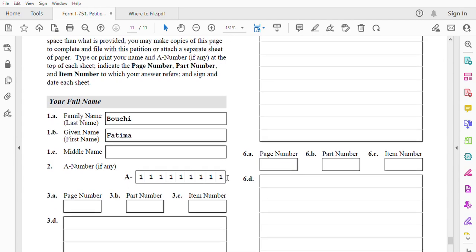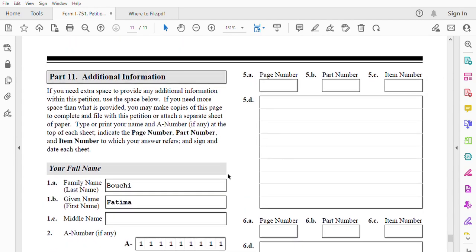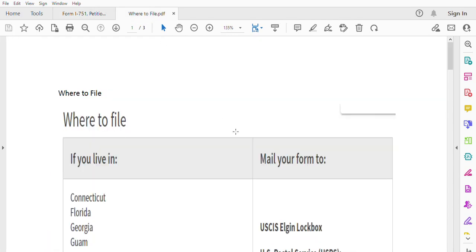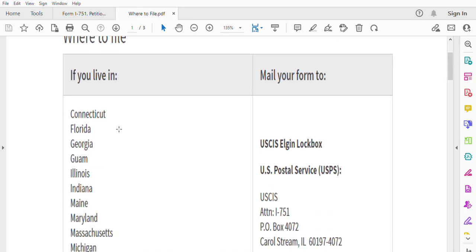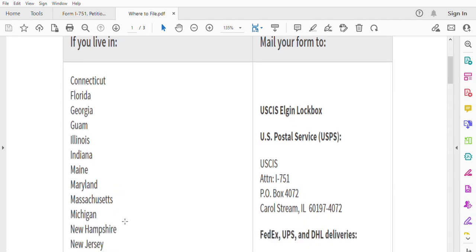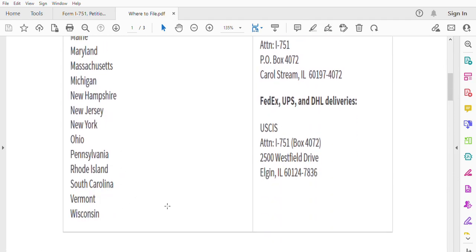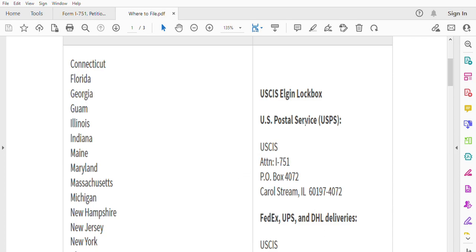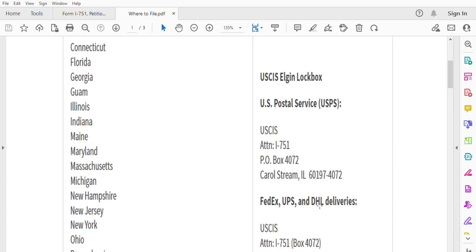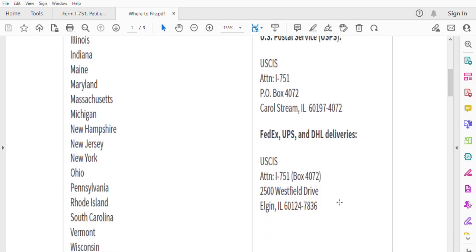Now we're going to talk about where to file. If you live in these states, Connecticut, Florida, Georgia, Guam, Illinois, Indiana, Maine, Maryland, Massachusetts, all these states right here, if you use US Postal Service, you send it to this address right here. If you use FedEx, UPS, or DHL deliveries, you use this address right here.